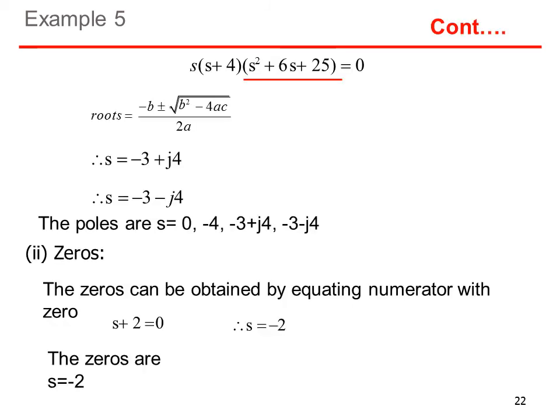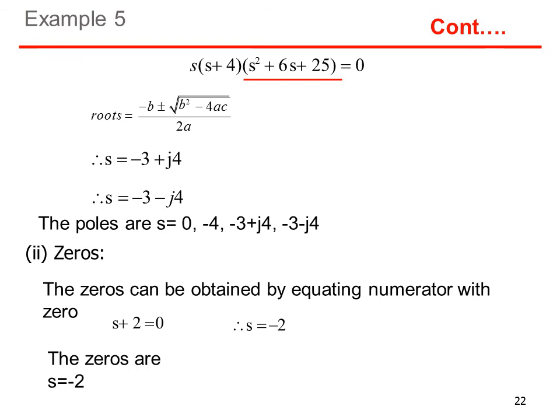Then the third bracket is s square plus 6s plus 25. To find the roots of it, we use the formula minus b plus minus root of b square minus 4ac divided by 2a. So this gives us two poles, minus 3 plus j4 and minus 3 minus j4.